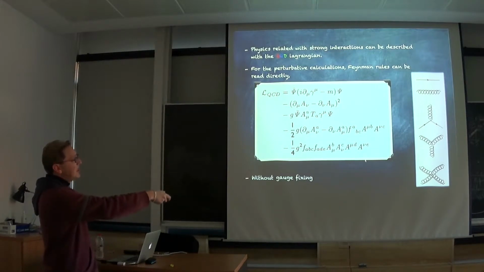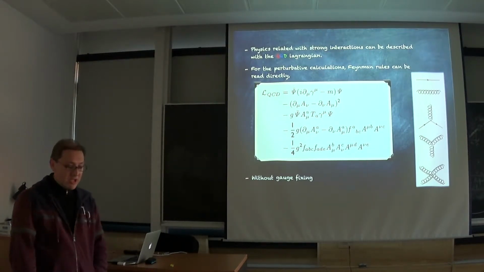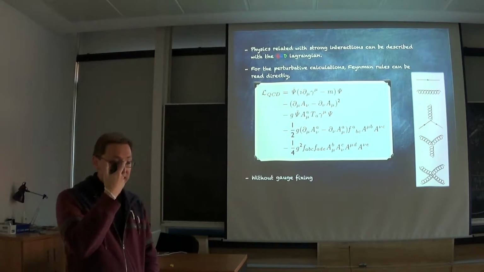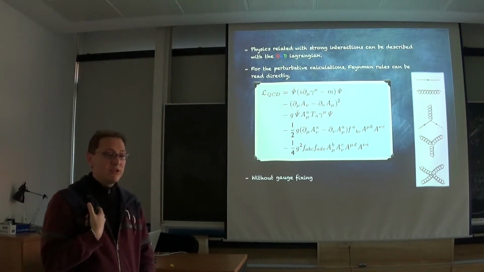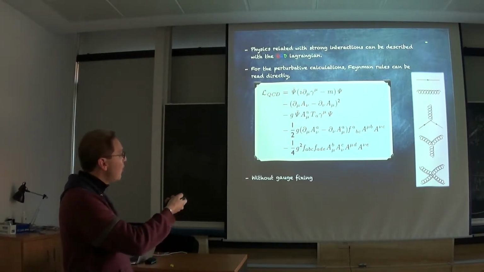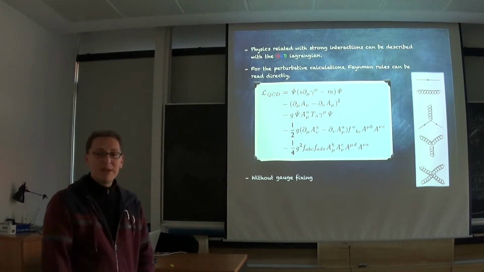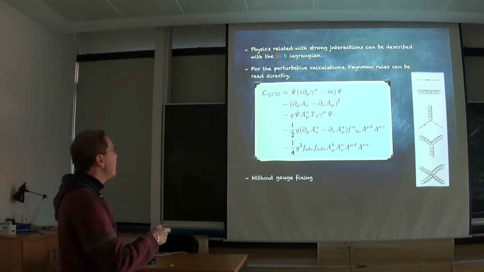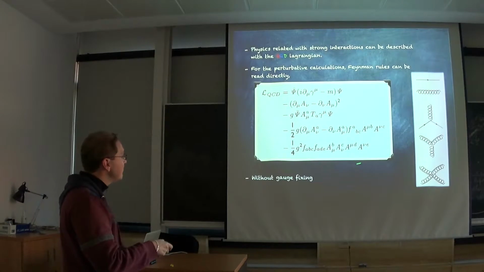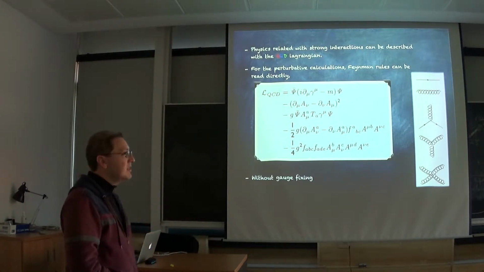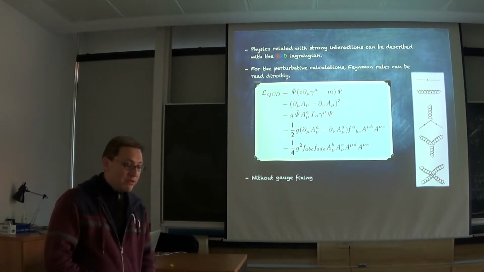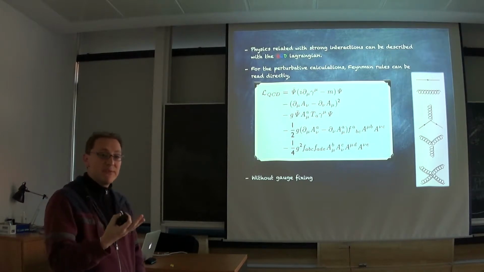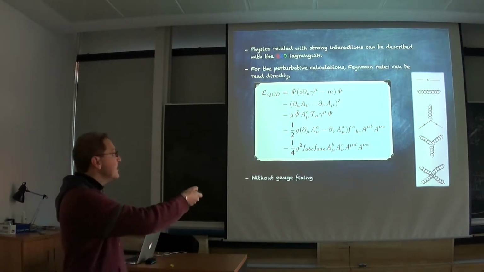So everything that you have to understand here is that when you start with QCD, then you only need these rules. The problem is that in order to have these terms in the quantum field theory, you have to do an expansion in order to have this propagation.